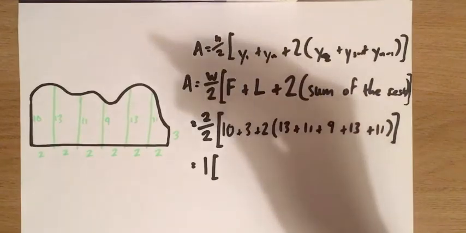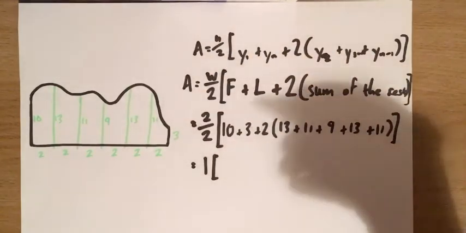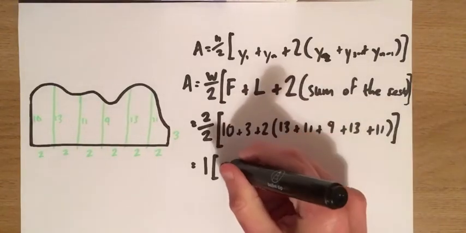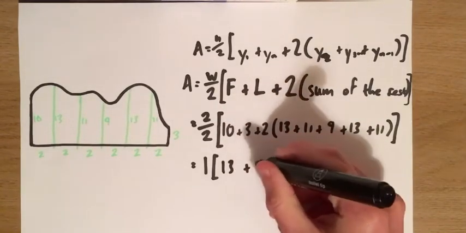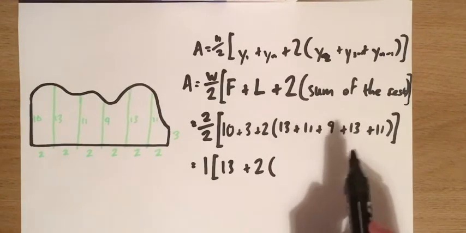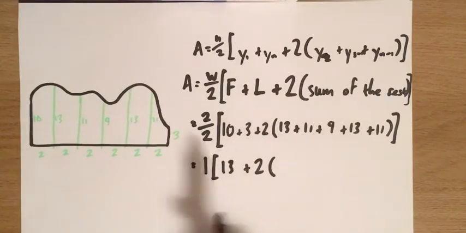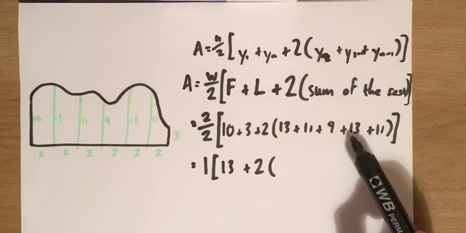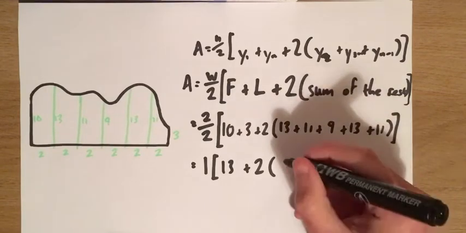I'm flagging and highlighting that because it's a mistake people make all the time. 10 plus 3 is 13. You can add those two. Plus 2 times 13 plus 11 is 24, plus 9 is 33, plus 13 is 46, plus 11 is 57.